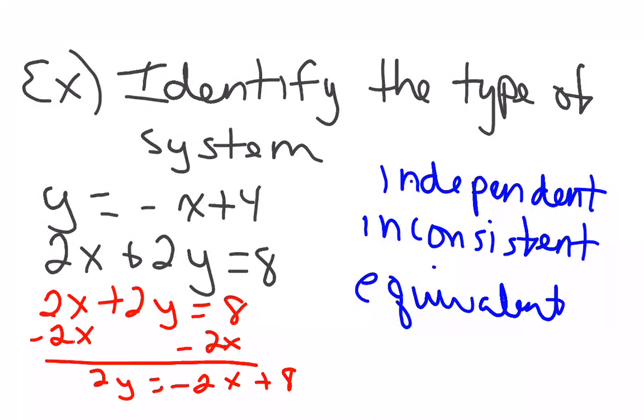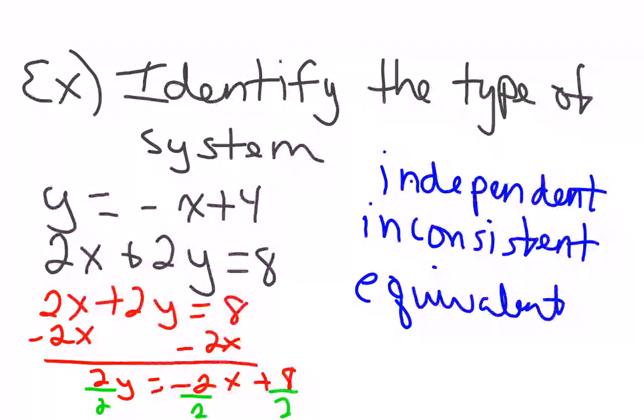And then we need to divide both sides by 2. And so then we get y equals negative 2 divided by 2 is negative 1, so negative x. 8 divided by 2 is 4.